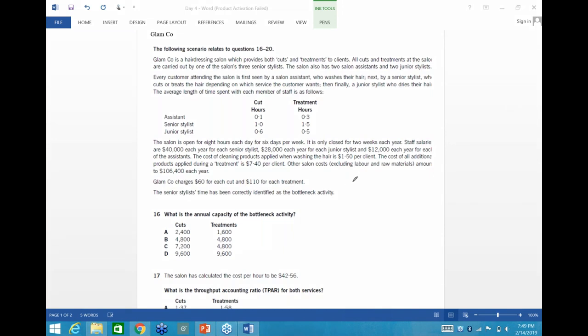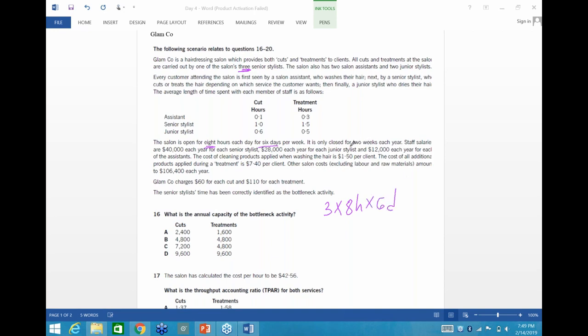Okay, so how many senior stylists do we have? If I can remember, there were three, right? Three senior stylists, there you are. So how much time do we have? There are three people. Each person works for 8 hours per day, 6 days per week.